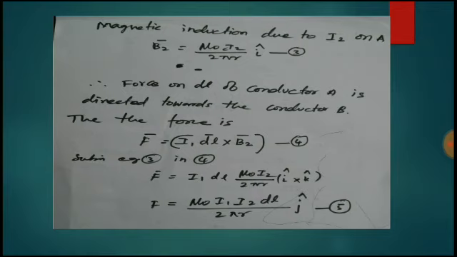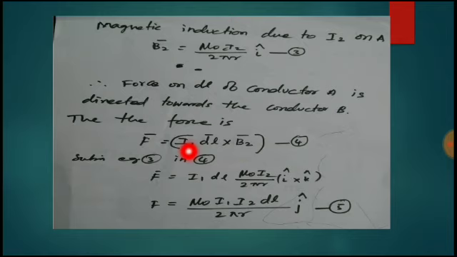You understand? Clear? Now, the force on the conductor A is directed towards the conductor B. According to the previous question, F is equal to I L into B. The same here, I am taking on conductor B, F is equal to I1 into DL into B2.